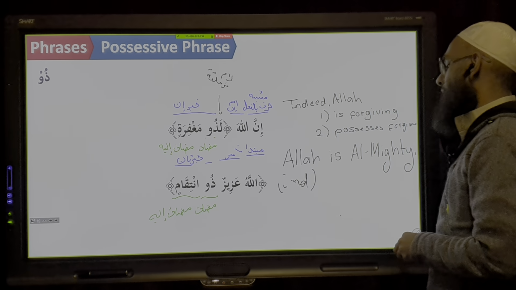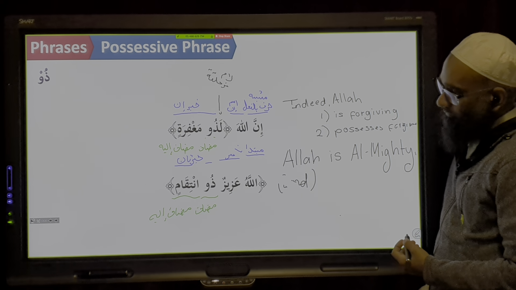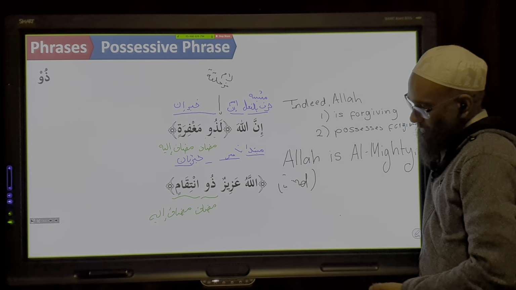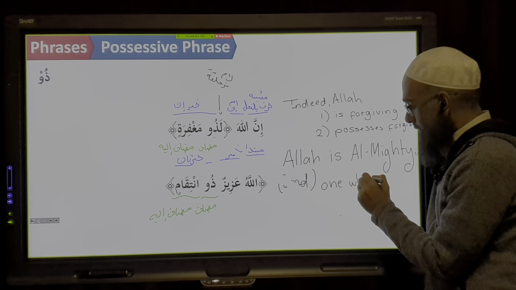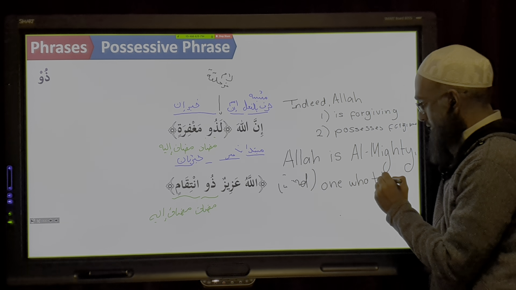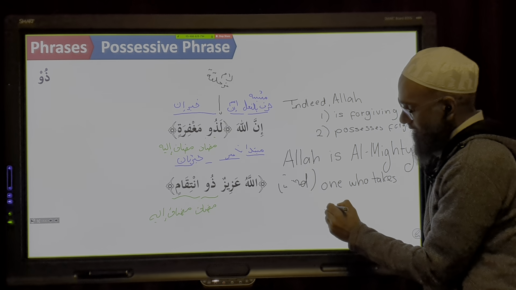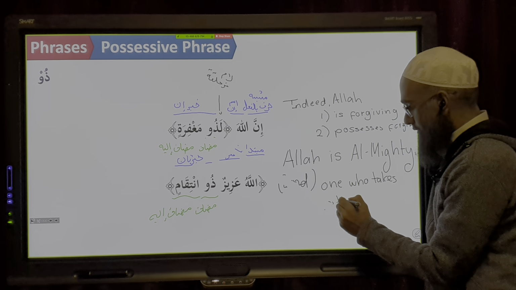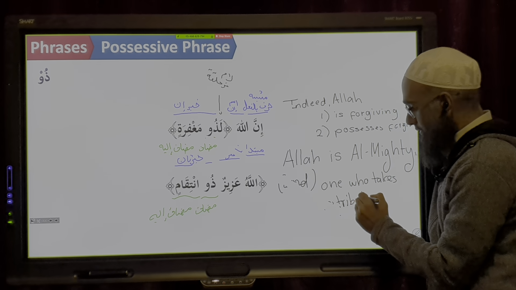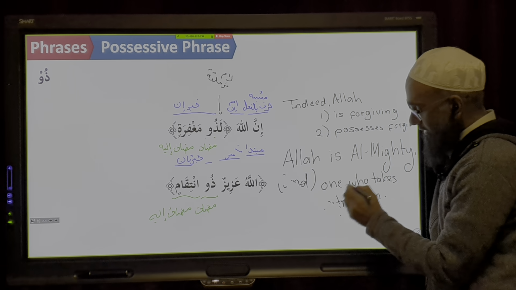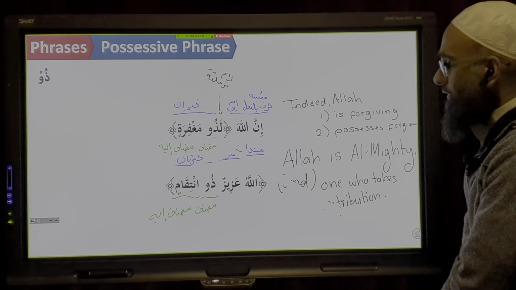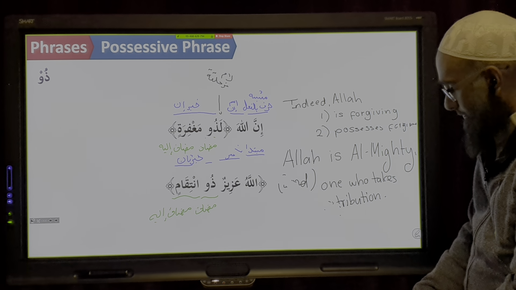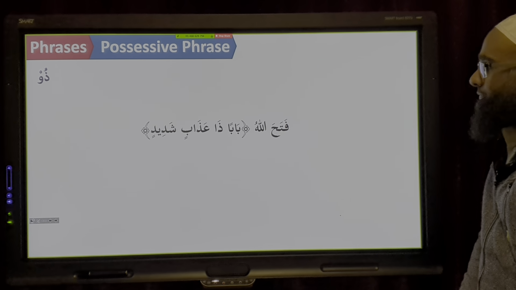Allah is Almighty, and we can say one who takes retribution. That's Almighty, and one who takes retribution. Understood? Yeah? Let's try some more.